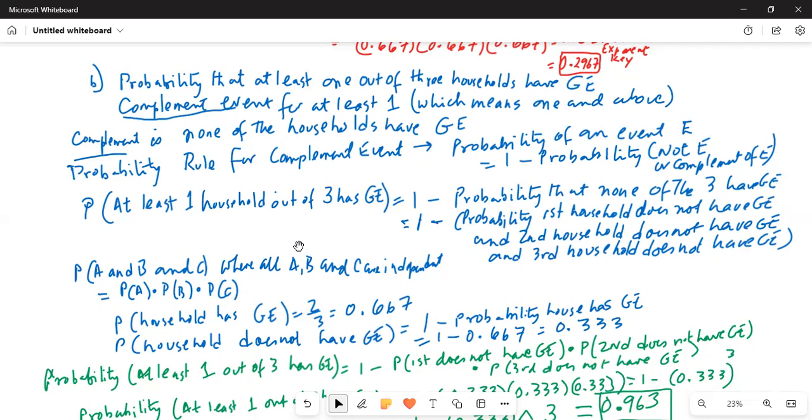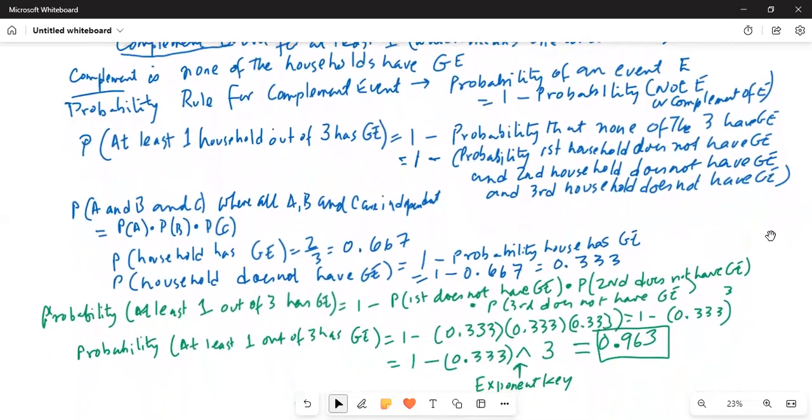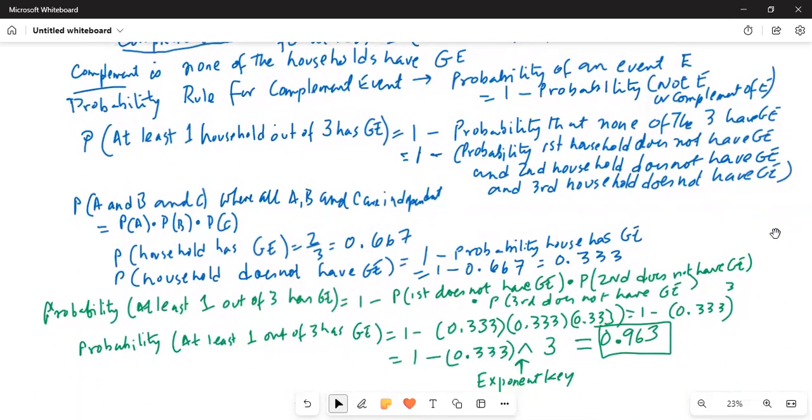So that is equal to 1 minus 0.333 multiplied by 0.333 multiplied by 0.333, or 1 minus 0.333 exponent 3, which is 0.963.